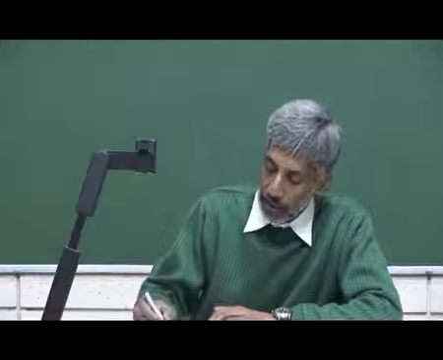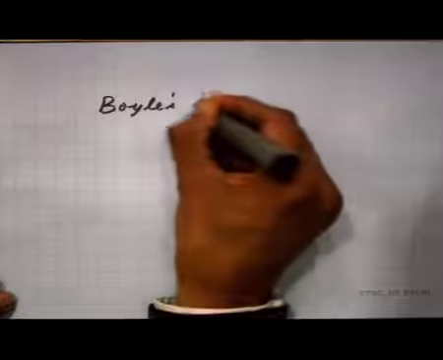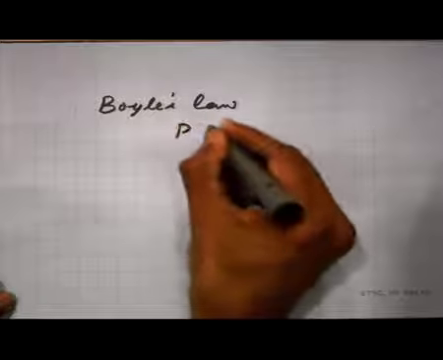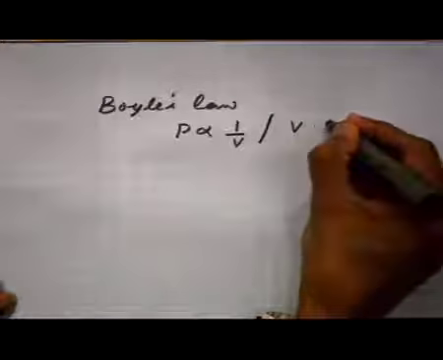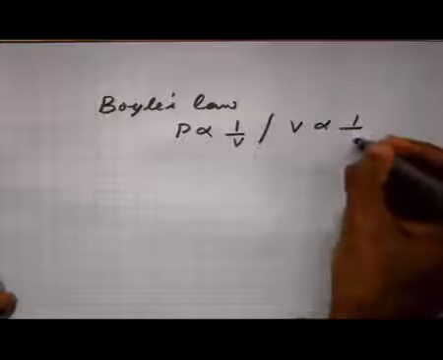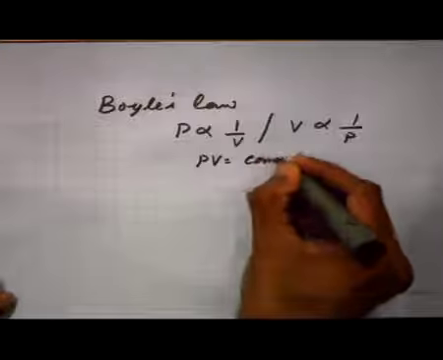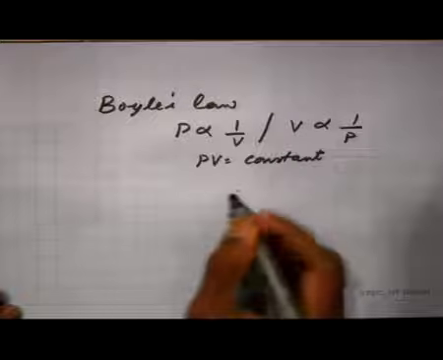We had looked at Boyle's law, which relates pressure to volume or volume to pressure, whichever way you want to call it. That is, PV equals constant at constant temperature and for fixed amount of gas.